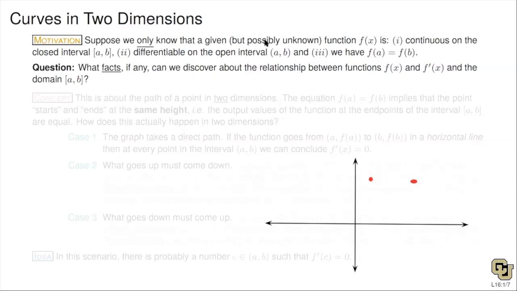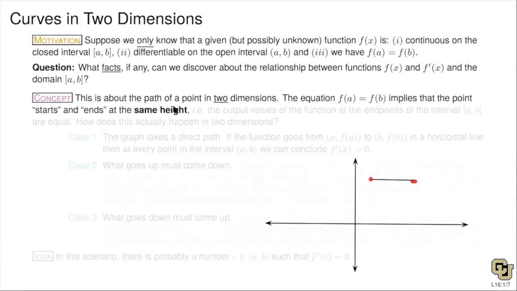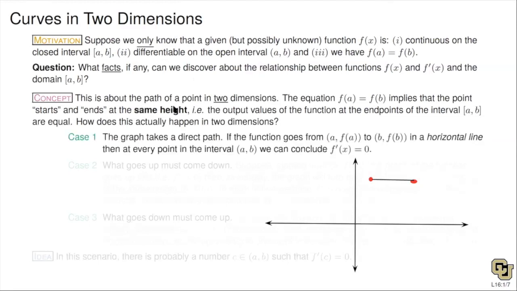The most obvious way is just to take a direct path, just go directly from one point to the other. So if we're going to start and end at the same height, one way this could happen is if we take this direct path, the easiest path, from point A to point B. In this scenario, we can conclude that the derivative along the line is 0 because it's a horizontal line.